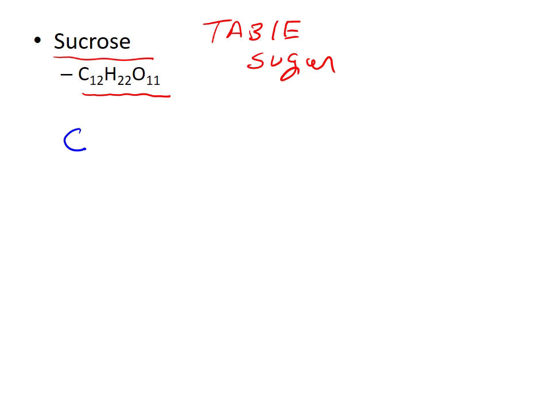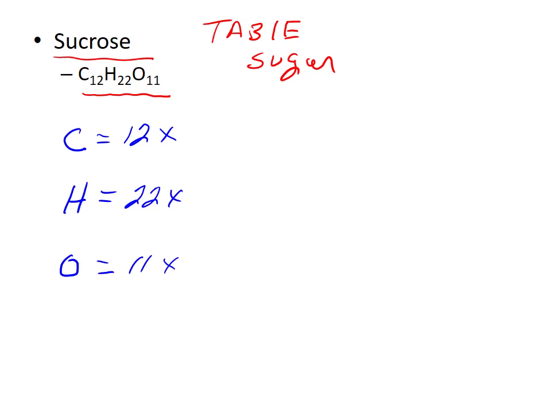So we got carbon, hydrogen, oxygen. Then we simply count up the number of atoms. So there's 12 carbons, 22 hydrogens, and 11 oxygens.